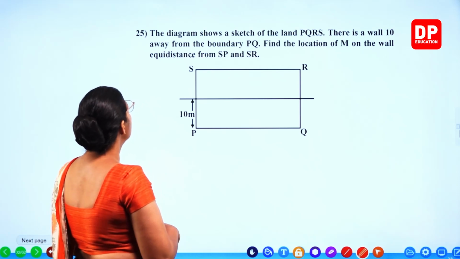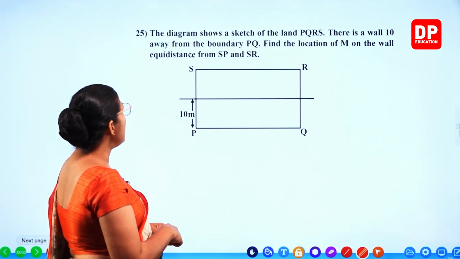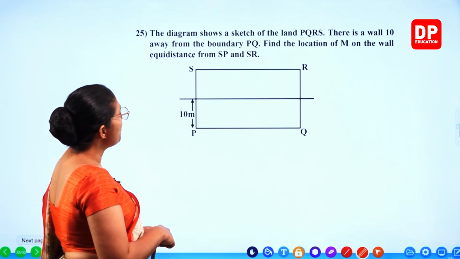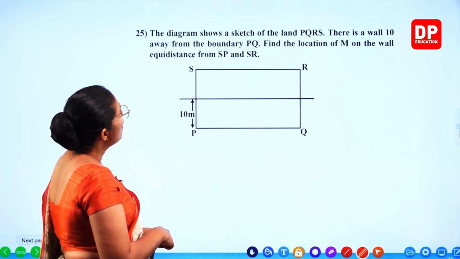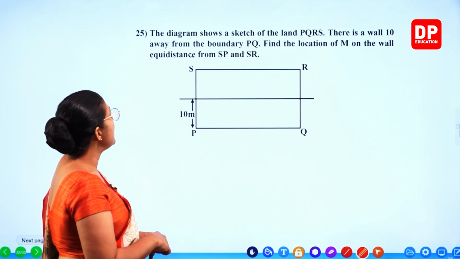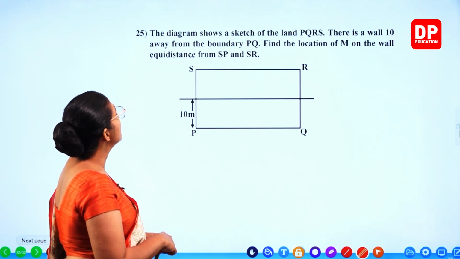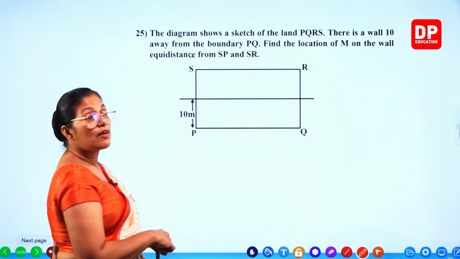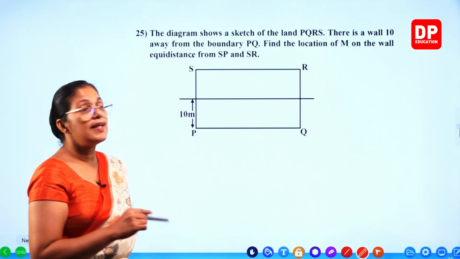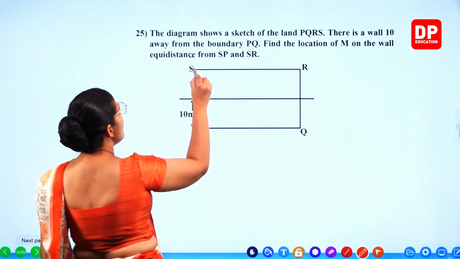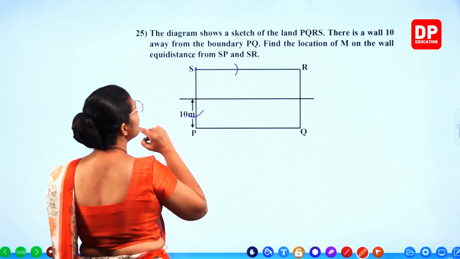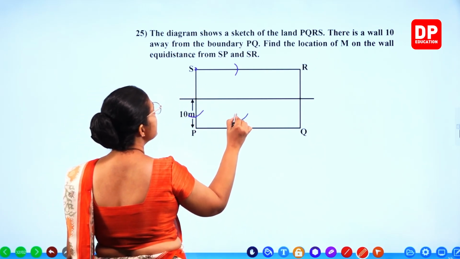Question number 25. The diagram shows a sketch of the land PQRS. There is a wall 10 meters away from the boundary PQ. Find the location of M on the wall equidistant from SP and SR. You don't have to use the compass. This is a sketch. Equidistance to SR and SP is the angle bisector. When you are using the compass, you take a certain distance and then find the angle bisector.